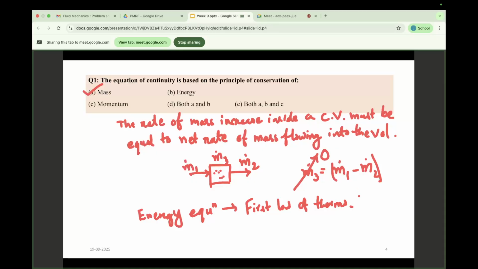Okay, and it is also the basis of the equation you have studied in the earlier classes, which is Bernoulli's equation, right?